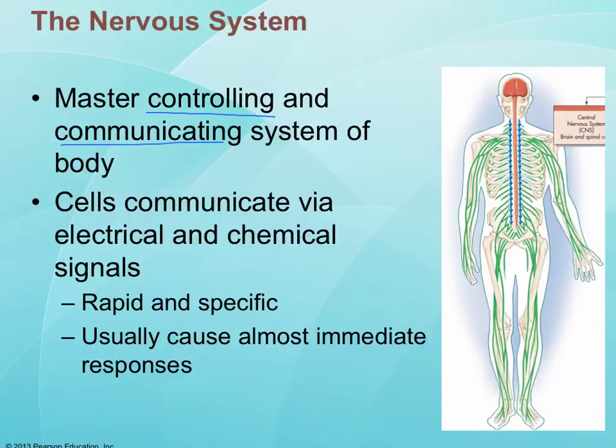Most of them are wired and use those lines, like in this picture. Those are the nerves. All those electrical signals go into the spinal cord and go into the brain.